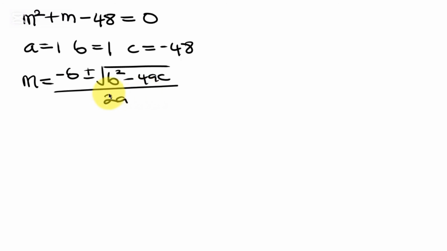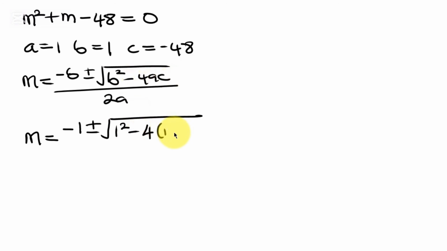Now let's substitute here. So we have m equal to negative b. Negative b is 1, plus or minus the square root of b squared, that will be 1 squared, minus 4 times a times c, c is negative 48, all over 2 times a, that is 2 times 1.